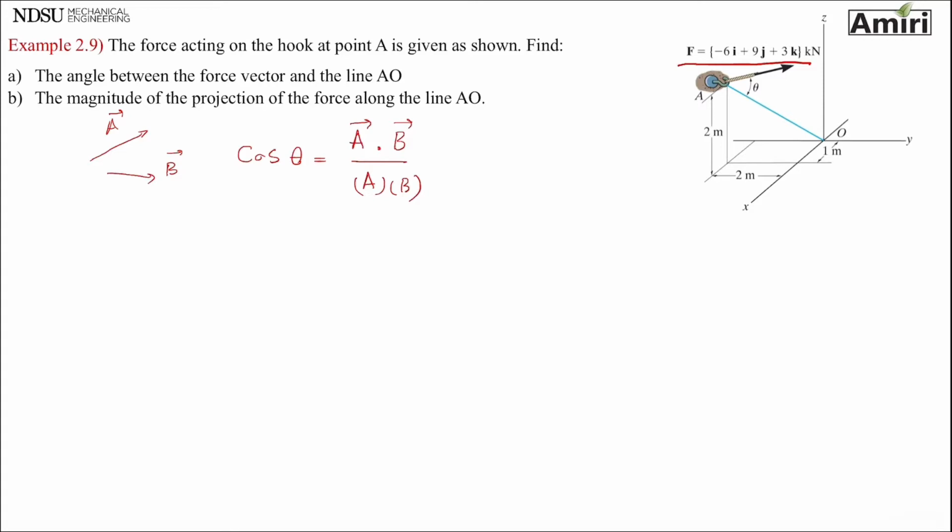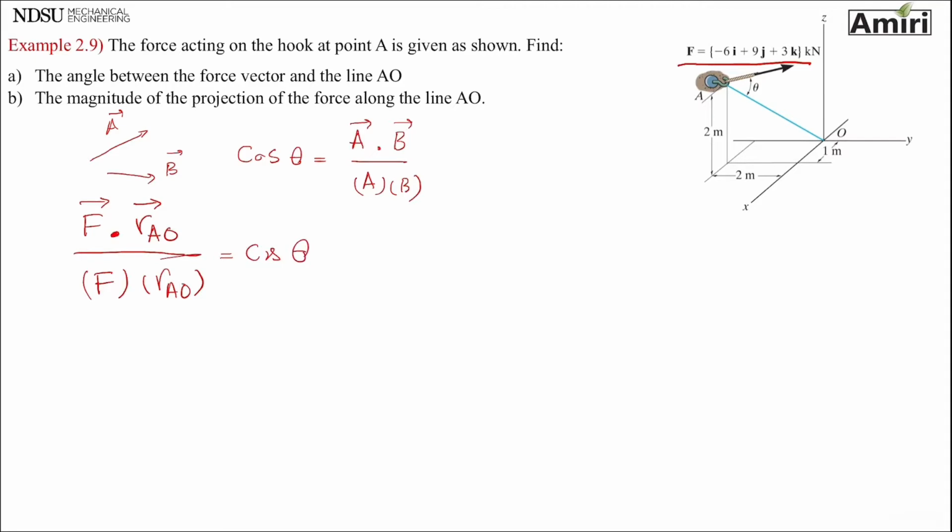Here we want to find the angle between F and the line AO. Line AO is not a vector, but we can easily turn it into a vector by turning it into a position vector. So if we find these two and divide them, that should give us the cosine of the angle between them.